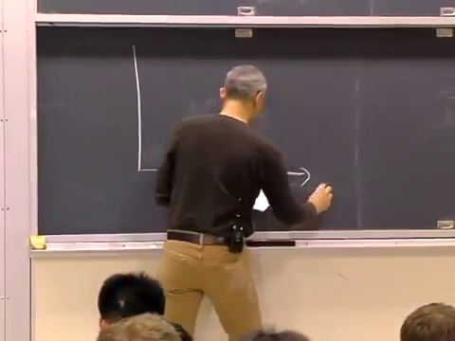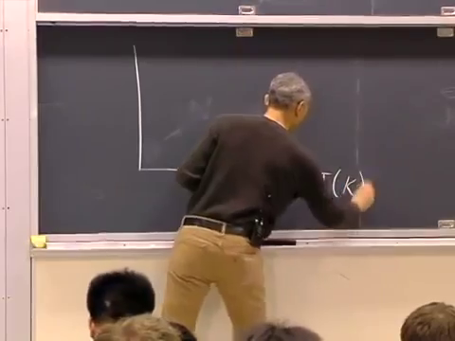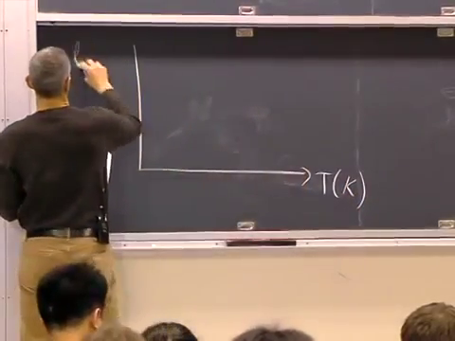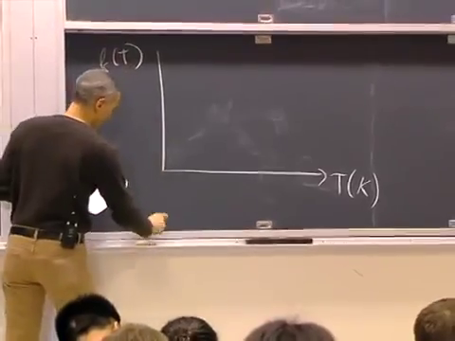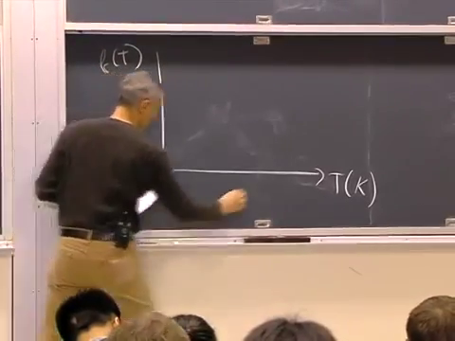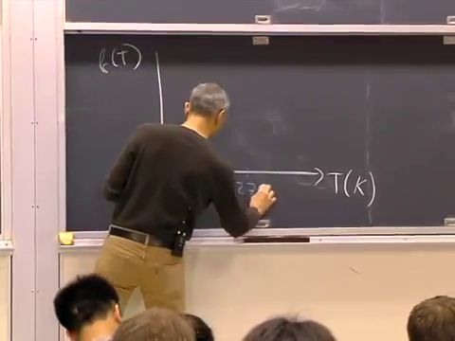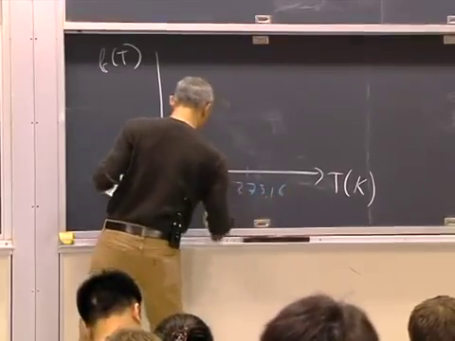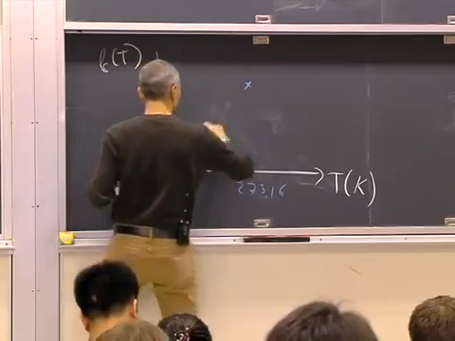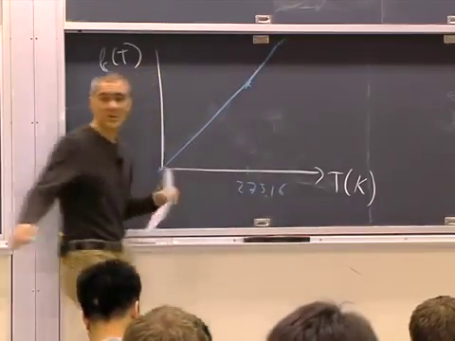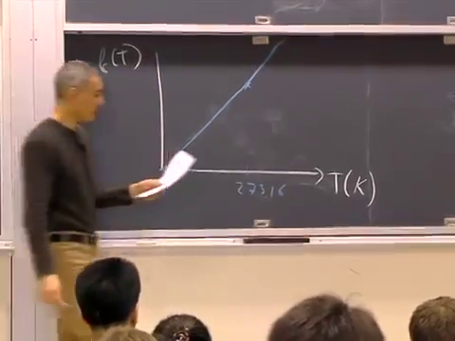So we have now temperature in degrees Kelvin. We have the quantity F of T here. We have an interpolation scheme between 0 and 273.16 with 2 values for this quantity, and we have a linear interpolation. That defines our Kelvin temperature scale.